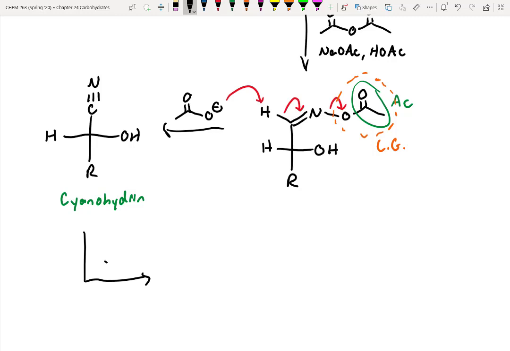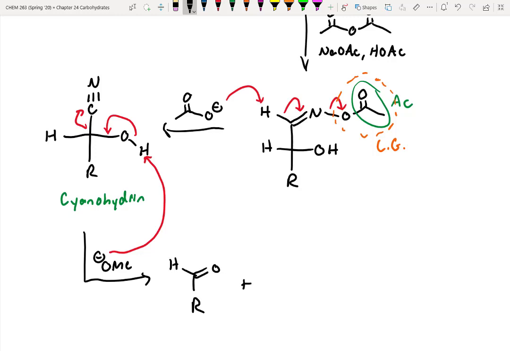So what we do in the third step is we use a really strong base, and we're going to pluck off this proton over here. We're going to clamp this down, and we're going to kick off cyanide as our leaving group. And when we do this, we're going to create our new aldehyde, and we kick off our cyanide, and by doing this, we've got loss of a carbon.